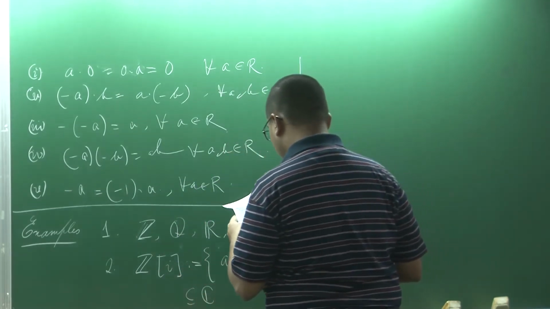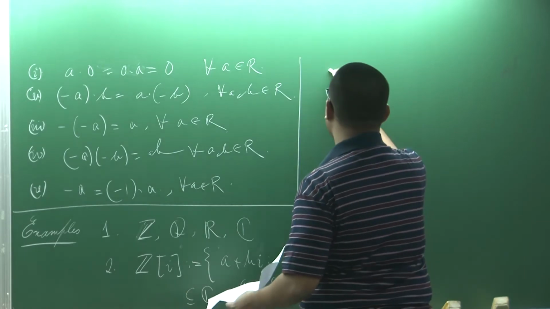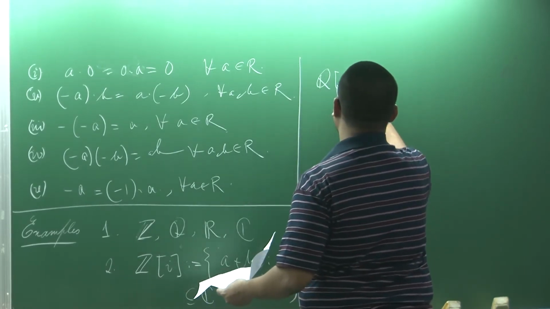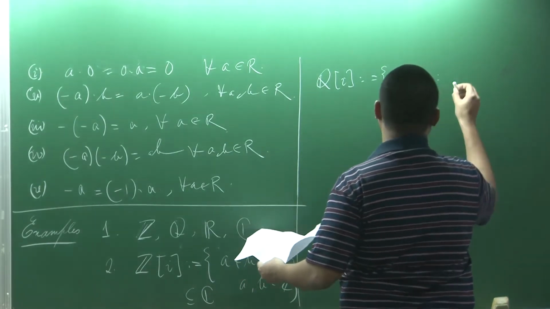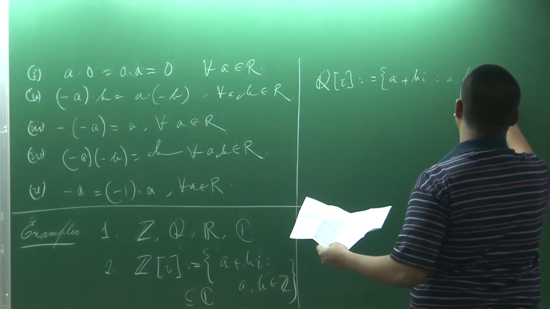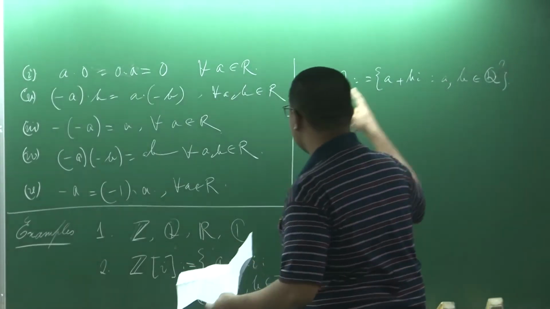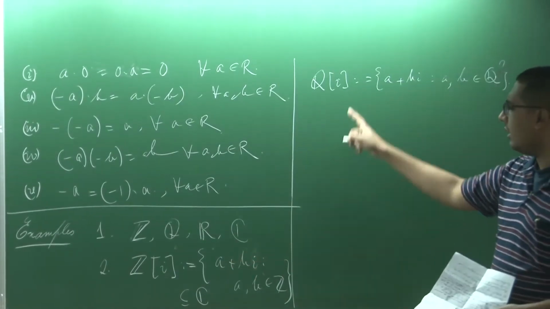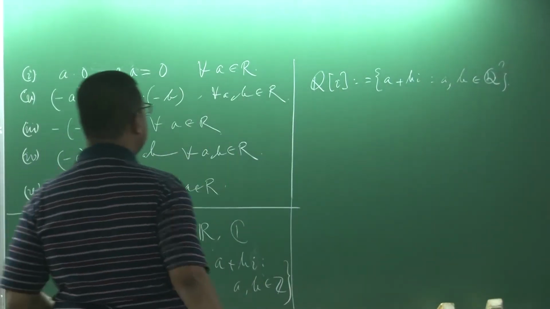Similarly, one can consider Q[i]. It is easy to see that both Z[i] and Q[i] will be rings.